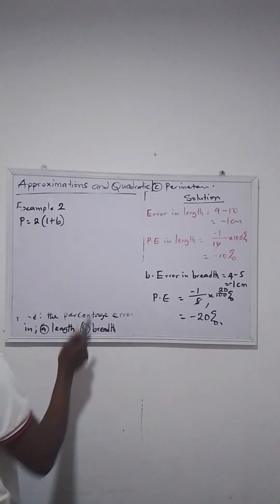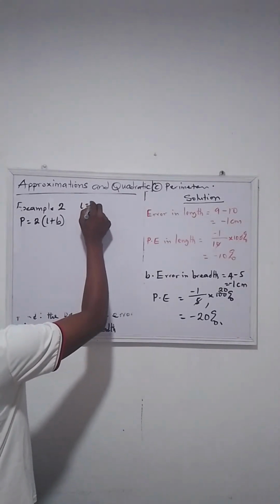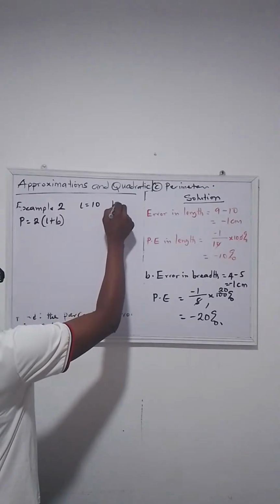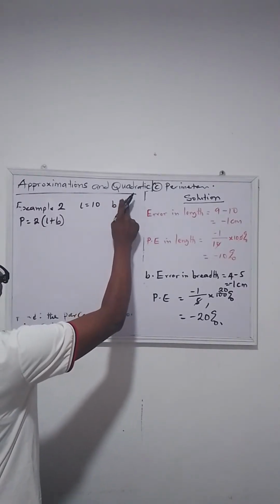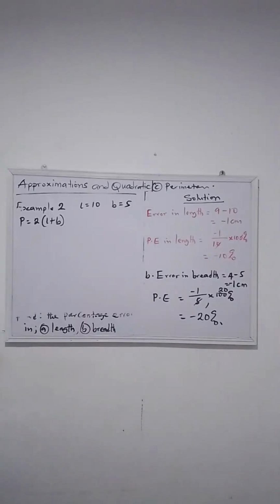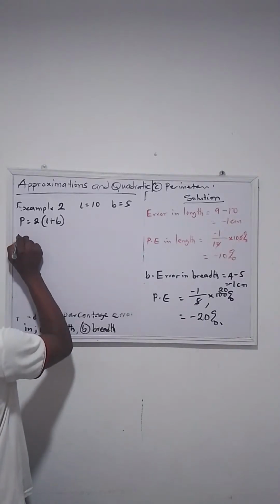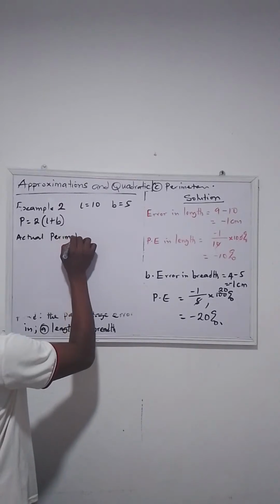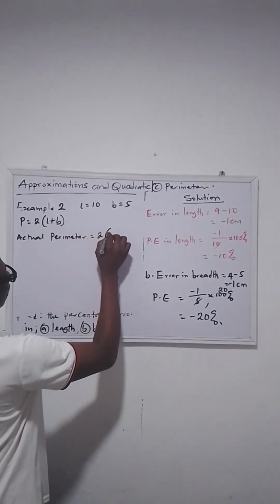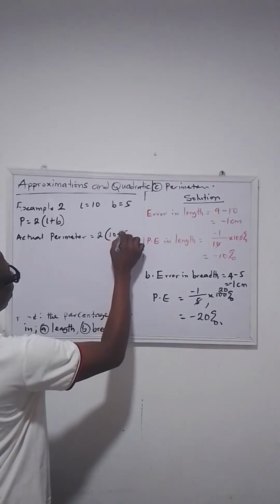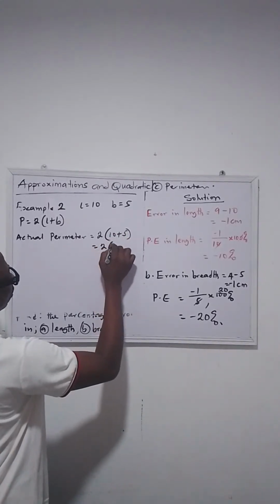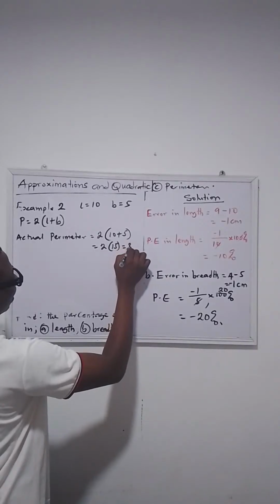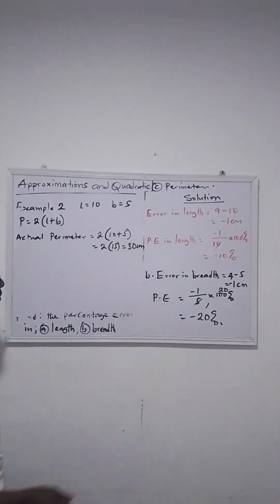Okay, so don't forget actual length is 10 and actual breadth is 5. So we now plug this in to get the actual perimeter. So actual perimeter equals 2 times 10 plus 5. And that's what? 2 times 15. And that gives you 30 centimeter. So this is the actual perimeter.